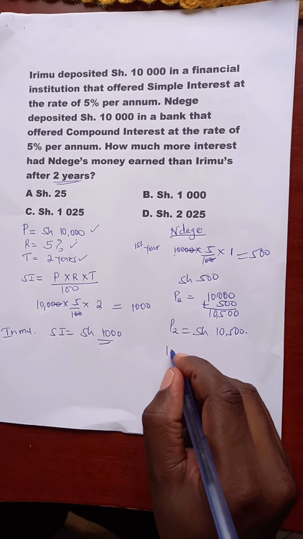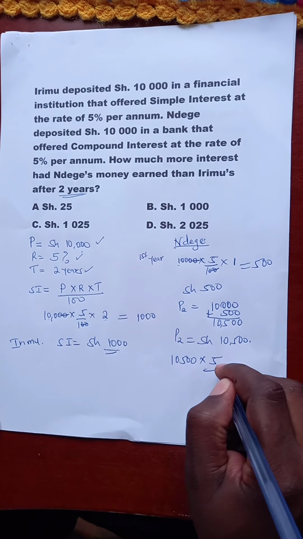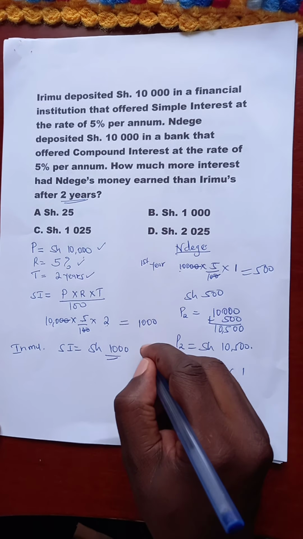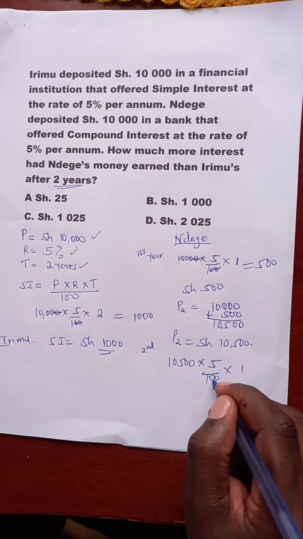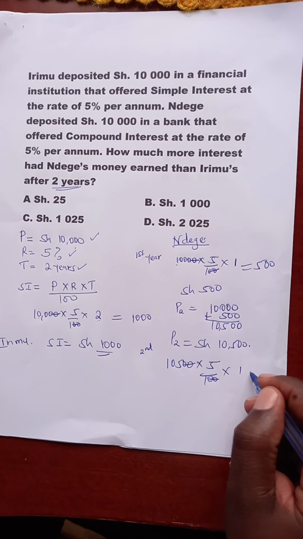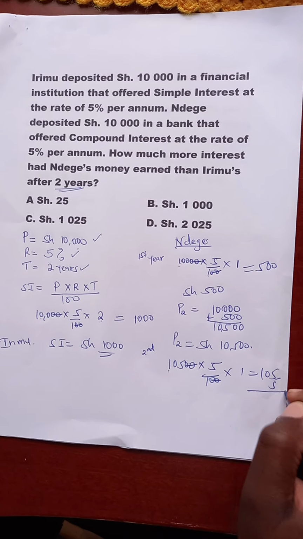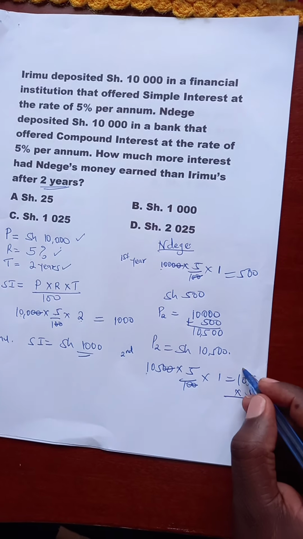The interest will be 10,500 times our rate, which remains the same, 5% times 1, and this is for the second year. You cancel where possible, 2 zeros go, 2 zeros go. You multiply 105 times 5. Use the long method of multiplication. 5 times 5, 25.